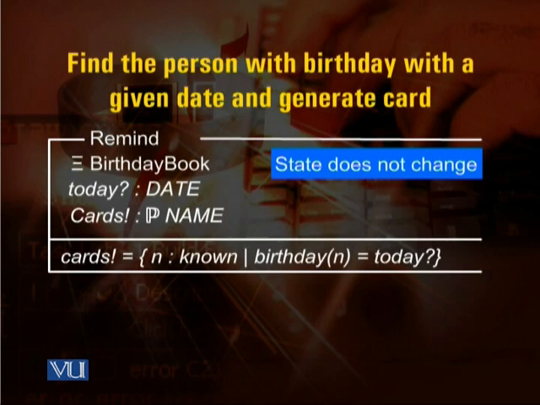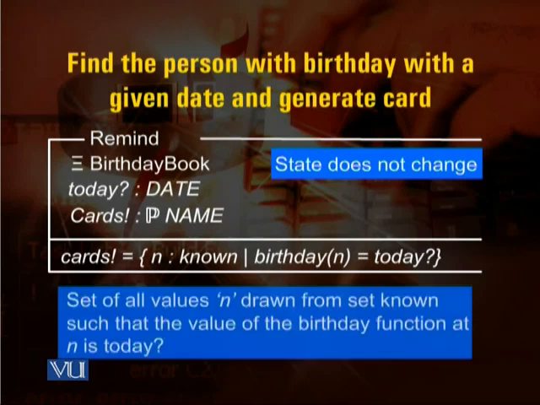The schema predicate is cards exclamation mark is equal to n colon known, where birthday of n is equal to today. That means that it will give me a set of all values n drawn from set known such that the value of the birthday function at n is today.